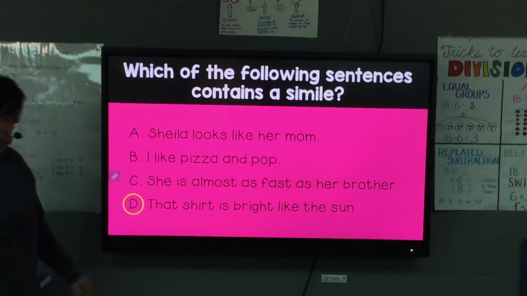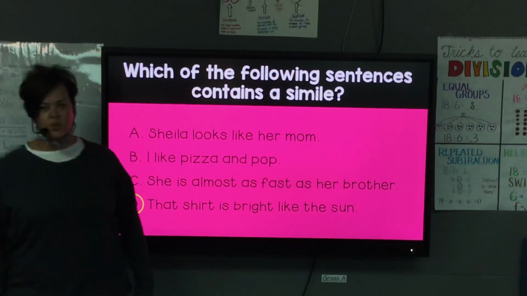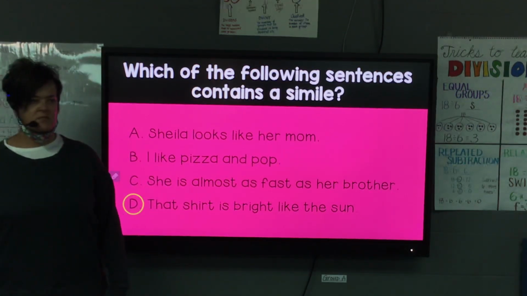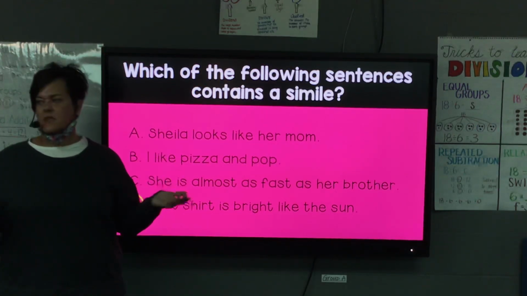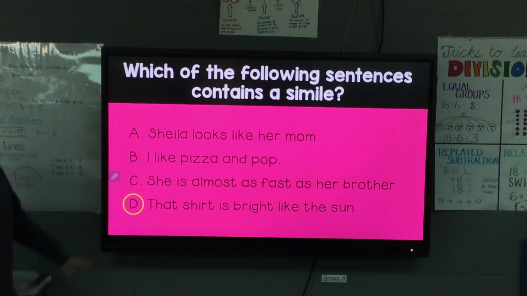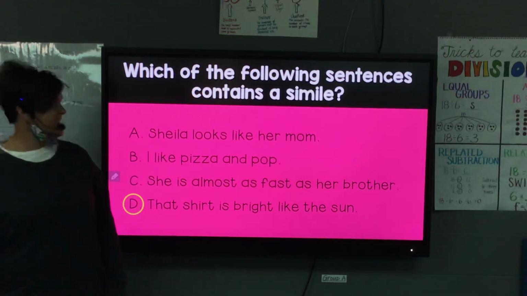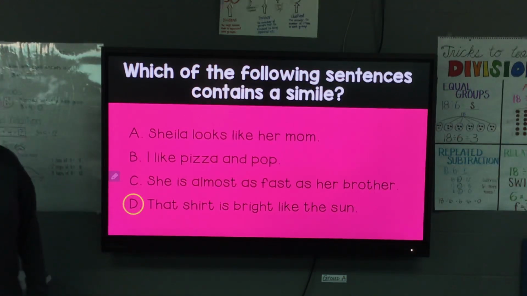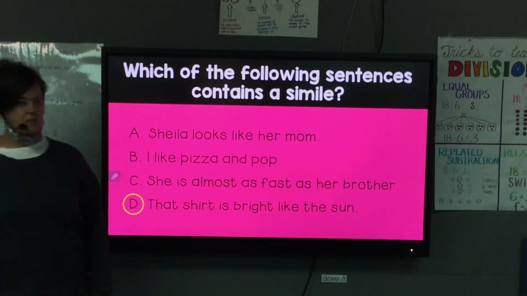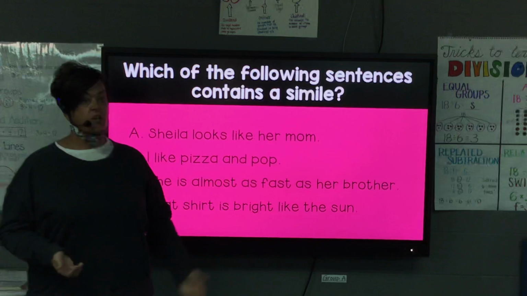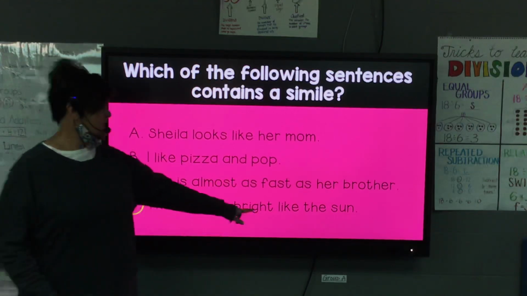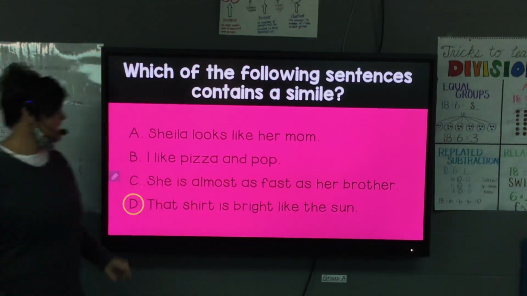No. She is almost as fast as her brother? No, because they're not comparing the two. That shirt is bright like the sun. Yes. What are they comparing? The shirt and the sun. Using the word like.